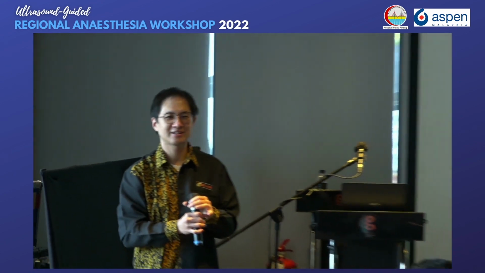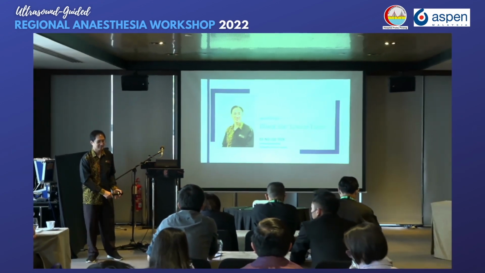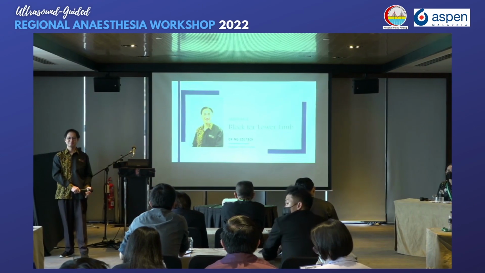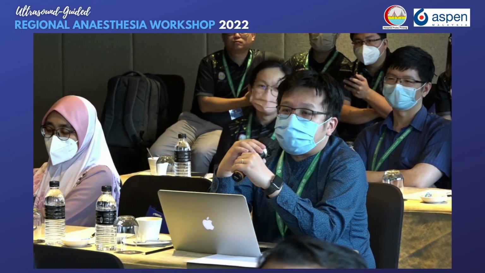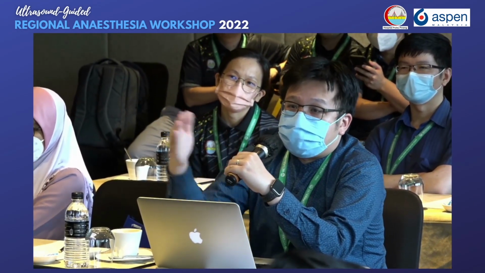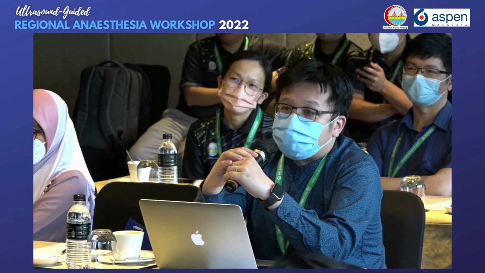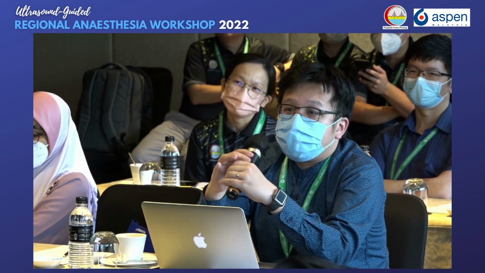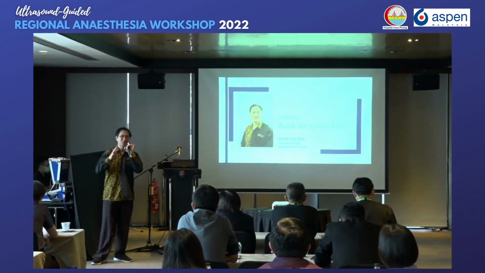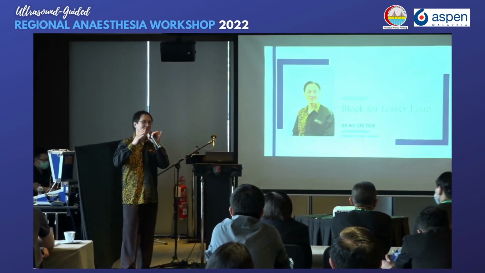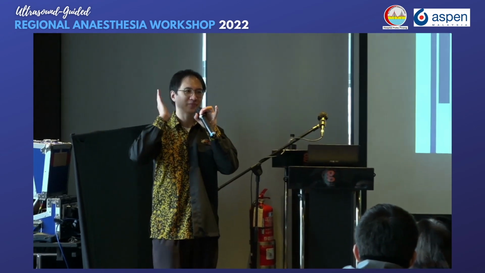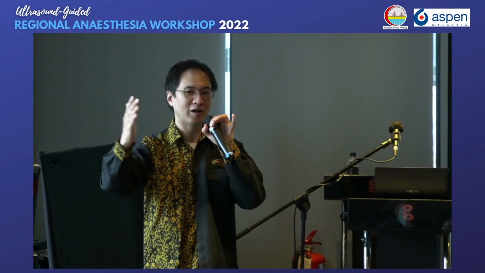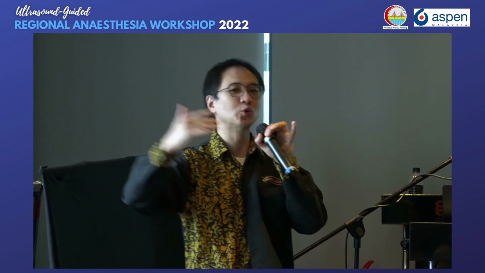Good morning, Dr. Ng. May I know for fascia iliaca block, if I target the landmark for just anywhere along the spine of the pelvis instead of just focusing on the AIIS, is it possible to deliver the fascia iliaca as well? Yeah, very good question. If you move around the pelvis, means if your probe is placed too medial or too lateral, does it get the effect?